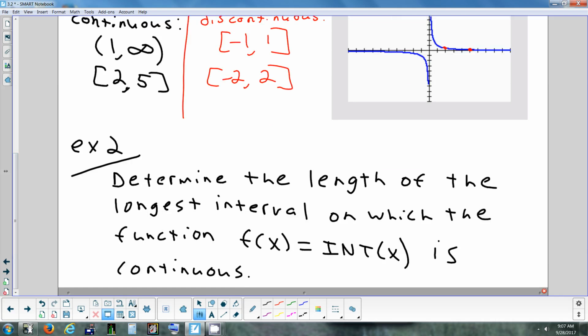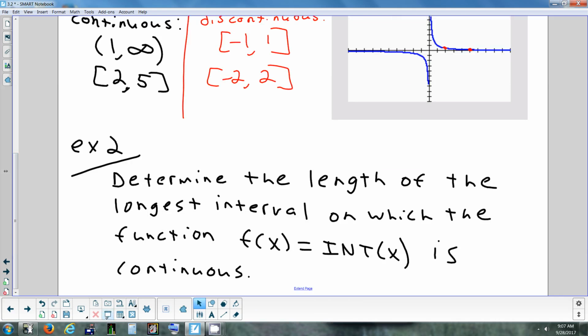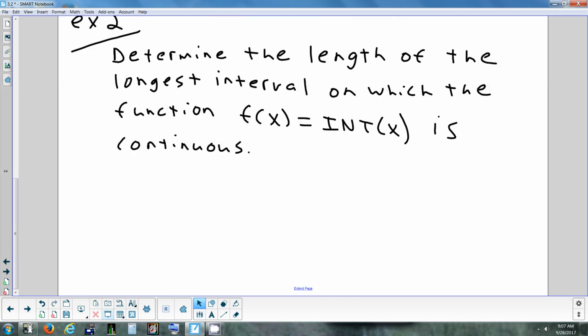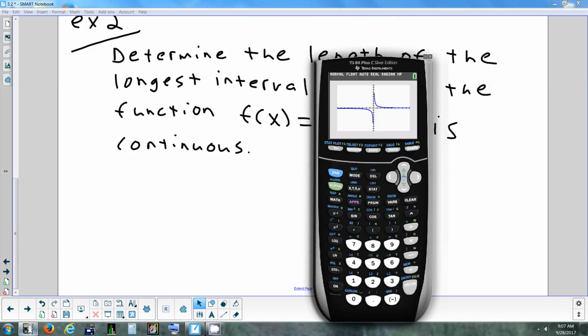So let's graph the integer function, and I want to find the length of the longest continuous interval that I can. So I'm going to go math, number, int(x). Okay, get graph.